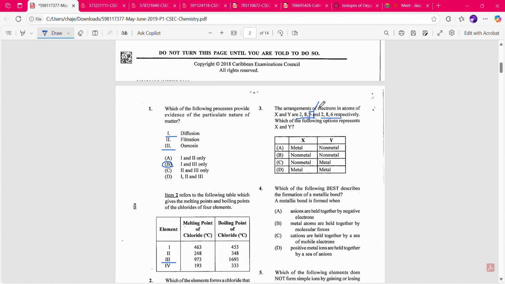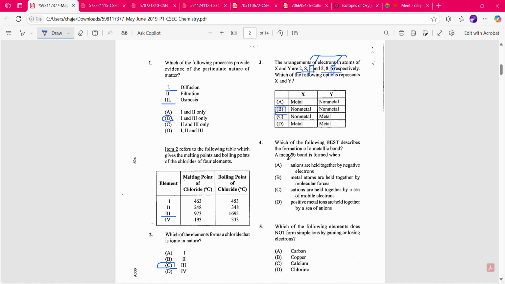Remember that groups 5 to 8 are non-metals and 1 to 3 are metals, while group 4 is semi-metals. The last number tells the valence shell, and it also tells the group number. So both are non-metals, and therefore my correct answer would be B.